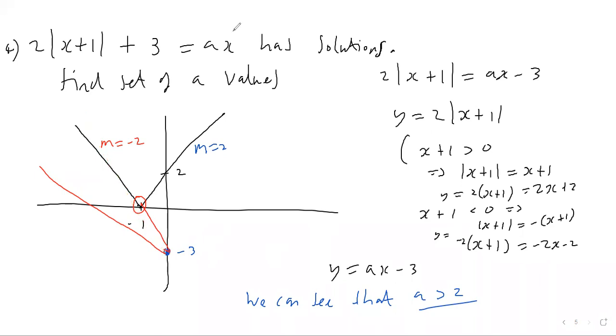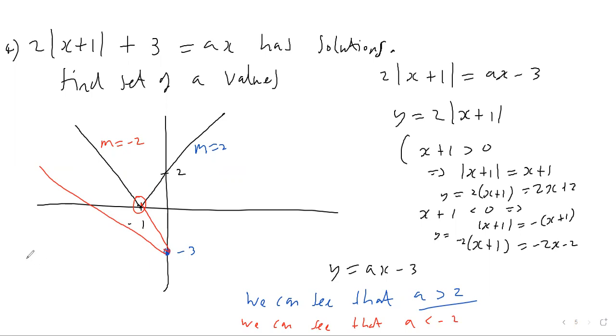So a must be smaller than -2, and not equal to -2, because obviously we can't have a parallel gradient. So it could be -3, -4, -5, because then we'll get our intersection points here and here. So that gives us our solution.